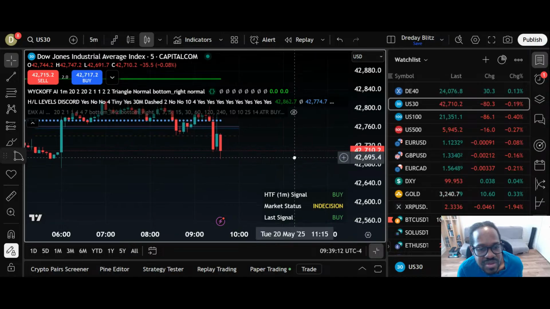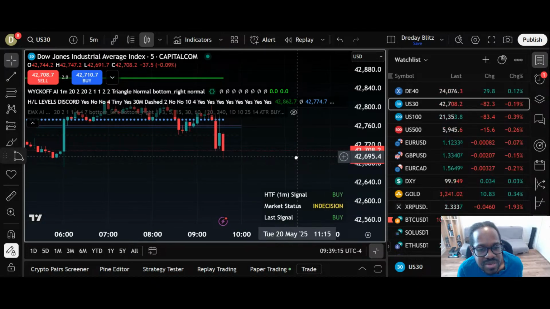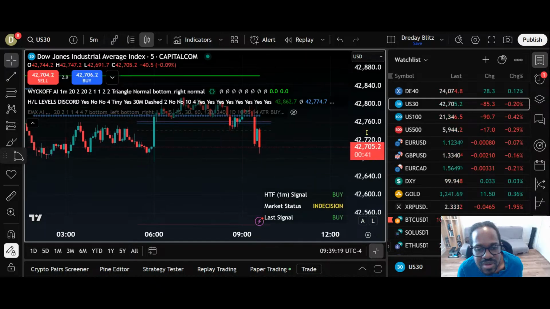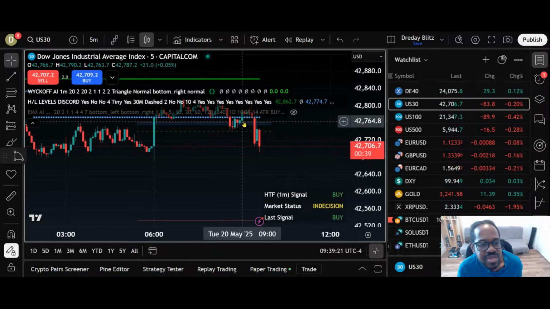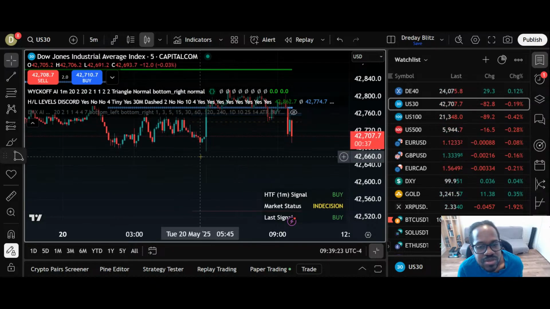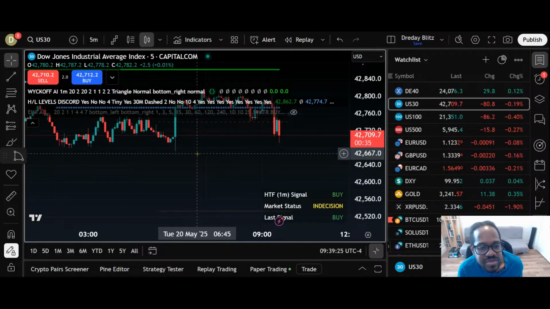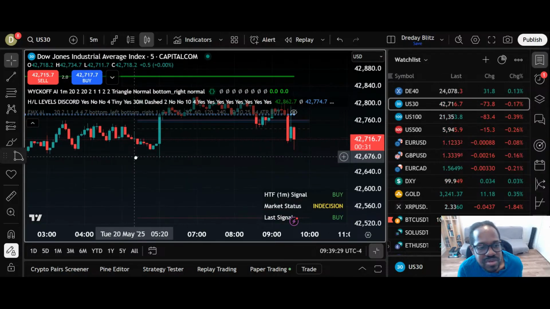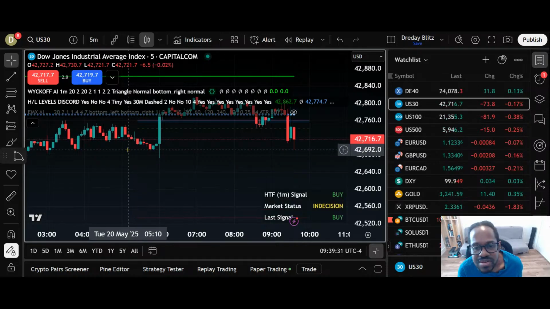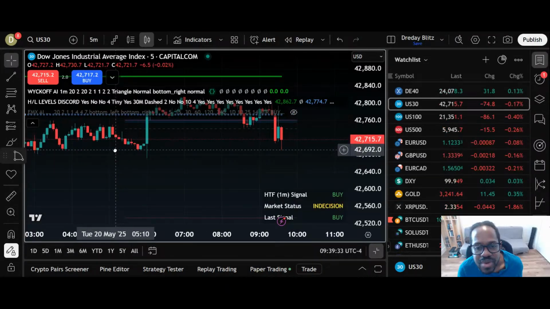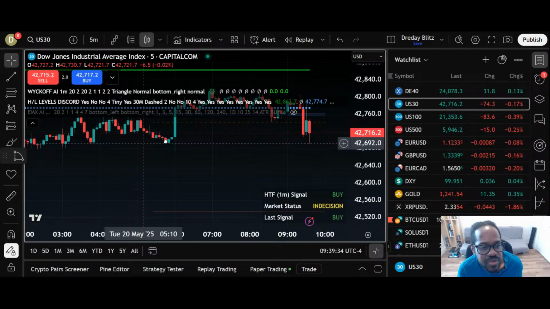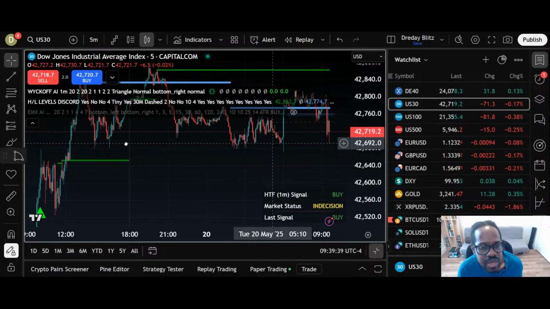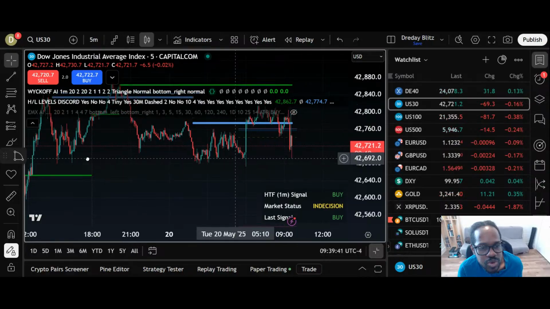Dow, the Dow seems to be going down here. So we do have that previous swing here that was done right here. It's tapping it right now, so we'll see exactly if it wants to reach that. If so, we should be going a little bit more down here.